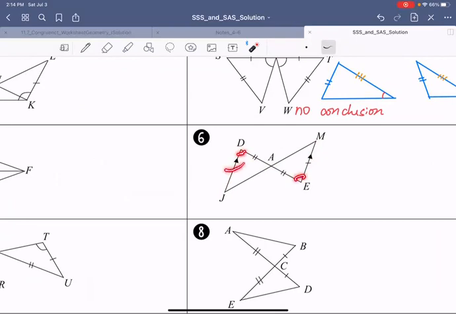That's why you call it SAS. Make sense for you now? These two are congruent not because of SSA. SSA is not working. These two are congruent based on these two lines marked as parallel. As parallel lines, the alternate interior angles are equal. You can also see this angle is equal. So this is called SAS.